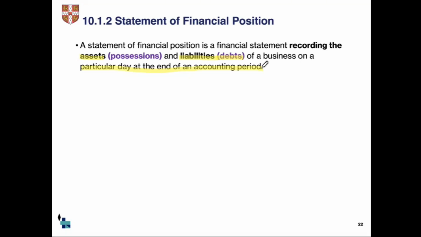We are not going to record the 1 million, which was at the beginning of the year. We are going to report on the 5 million assets that the business has now. So it doesn't matter how it started the year or how much asset it had at the beginning of the year. What we are interested in is how much assets it has today.